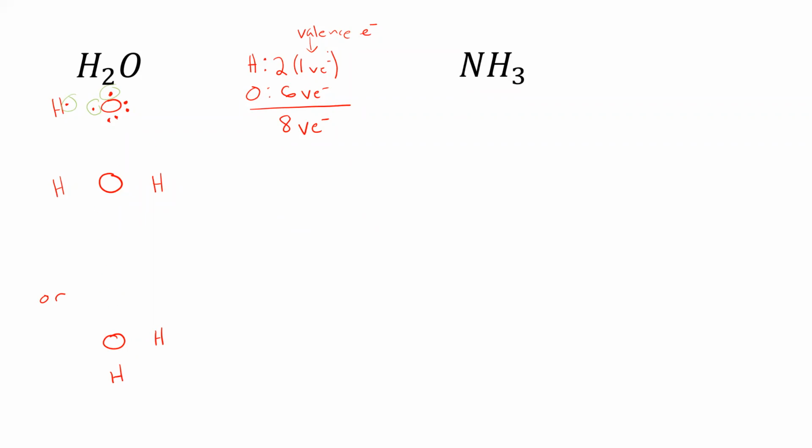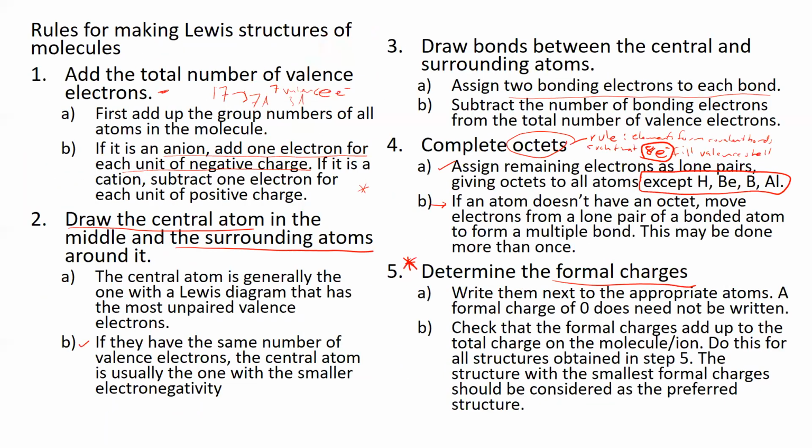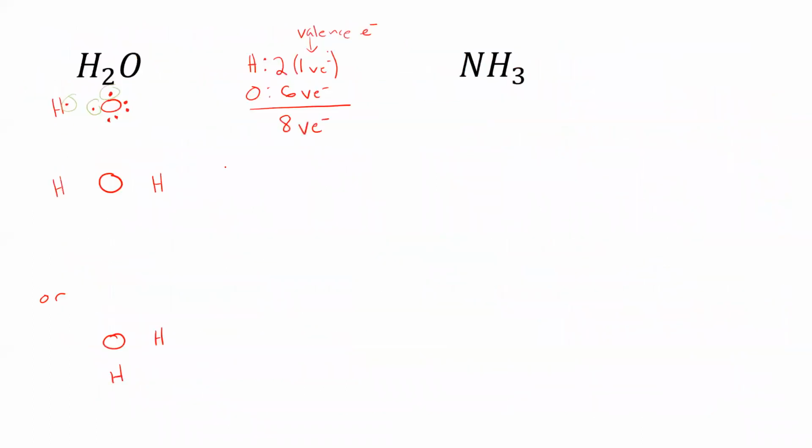So we did steps 1 and 2, right? 1 was adding up the total number of valence electrons. 2 is draw the central atom in the middle and the surrounding atoms around it. 3, we're going to draw bonds between the central and surrounding atoms. And then we're going to subtract the number of bonding electrons from the total number of valence electrons. So we go back to the water molecule.